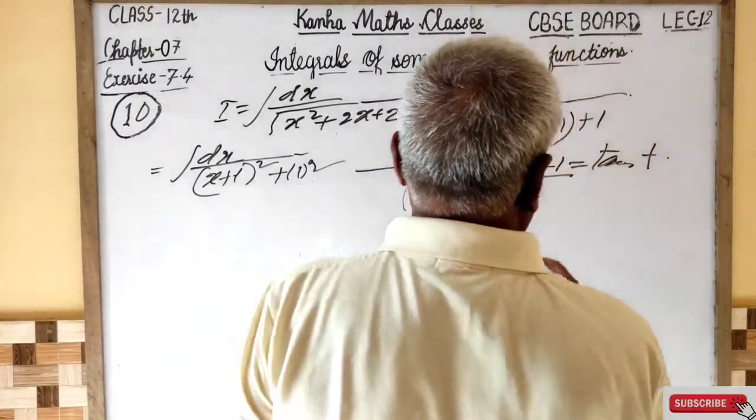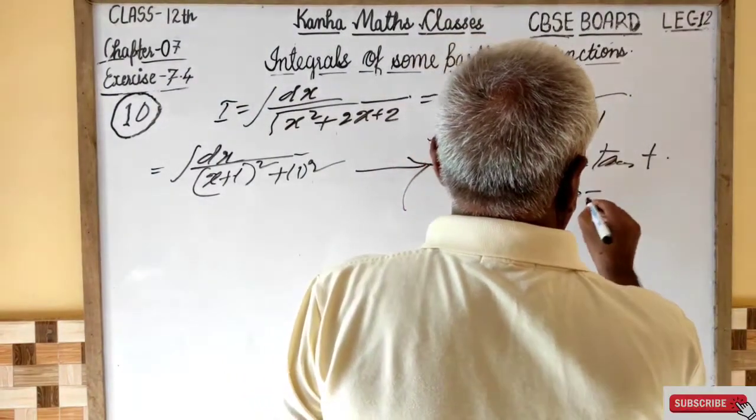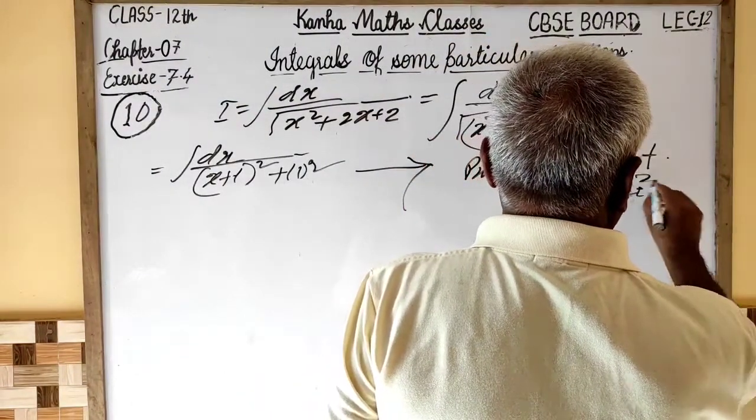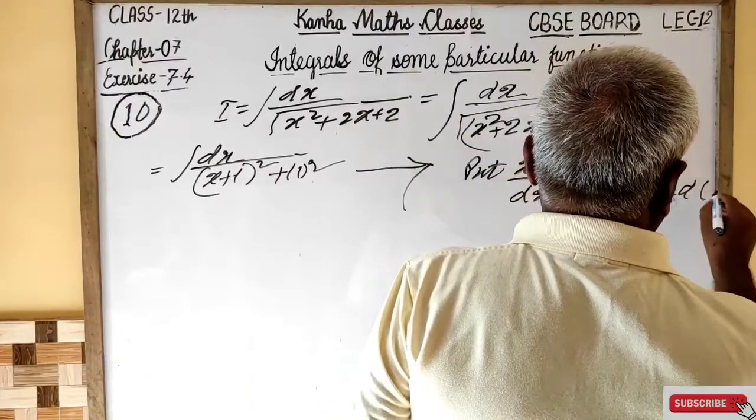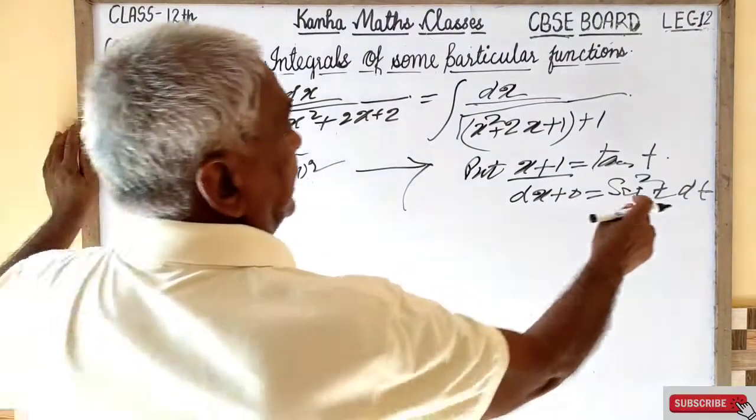Now the derivative of x plus 1 will be equal to dx plus 0. This is sec square t dt. Now I will write here dx means sec square t dt.